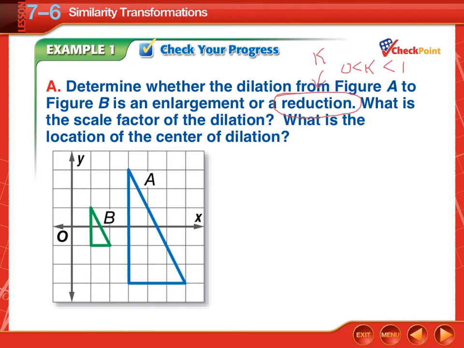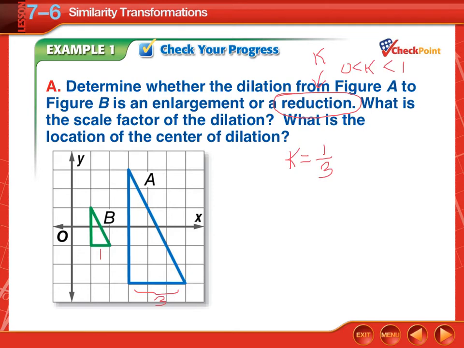So let's take a look at corresponding sides. If we look at this side, for instance, here, we have unit 1, and its corresponding side here is 3. So again, we have 3 and 1, but this is a reduction, so our scale factor here is going to be 1 over 3. Let's just verify that we do have proportionality on all the sides.